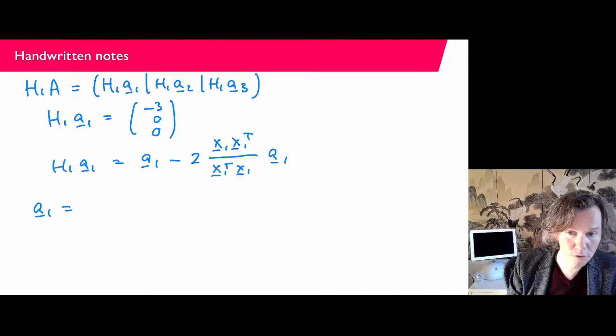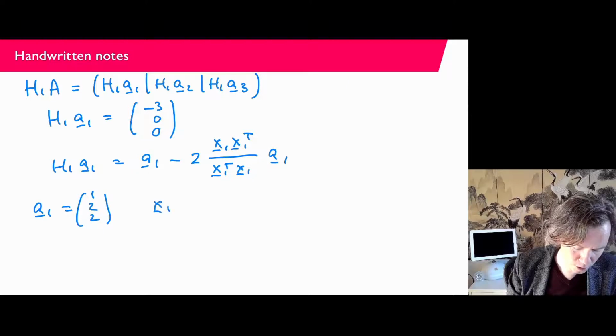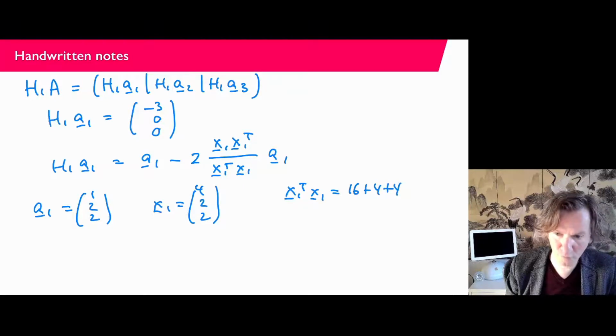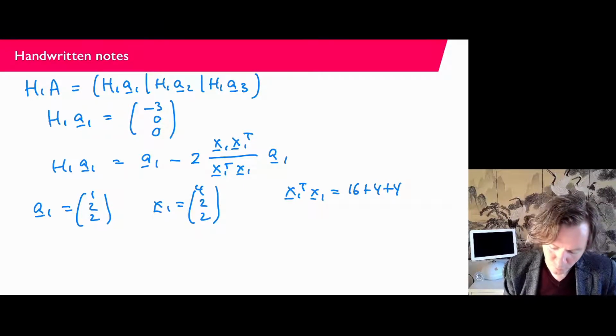a1 is the vector 1, 2, 2. x1 is the vector 4, 2, 2. So we see that x1 transpose x1 is 16 plus 4 plus 4 equals 24.